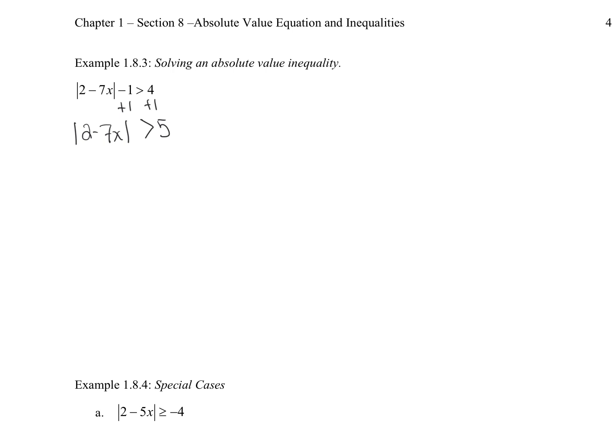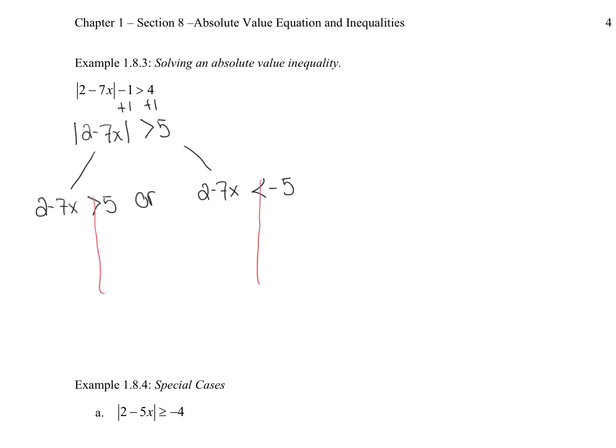Because the absolute value is greater than, it's an or statement. So two versions. 2 minus 7x is greater than 5, or 2 minus 7x is less than negative 5.